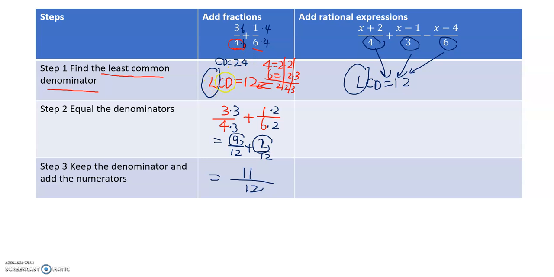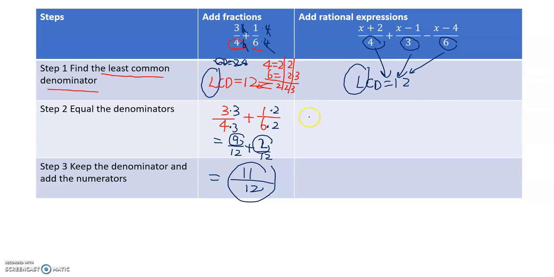Usually we recommend that you use the least because then you don't have to simplify too much. If you use 24, you have to make sure in the final step your fraction is reduced. So you would definitely have to reduce the fraction. That can work, but we don't recommend it. And the same thing here: if you multiply all three numbers, that's going to give you 72, which is much bigger than the LCD.